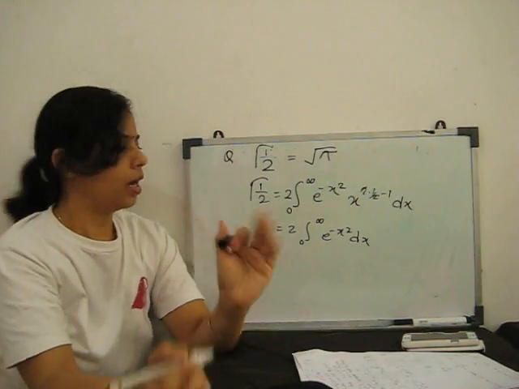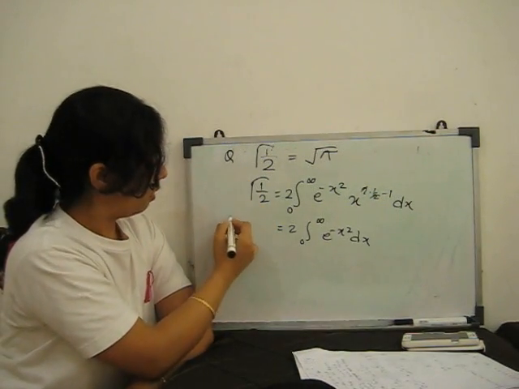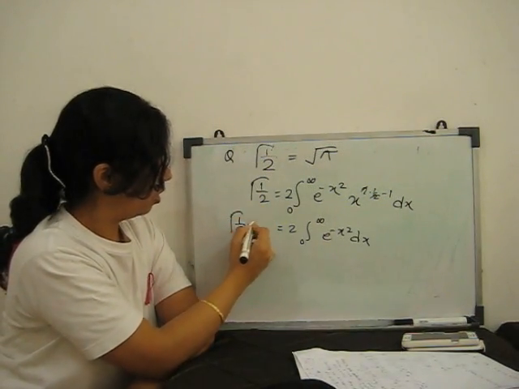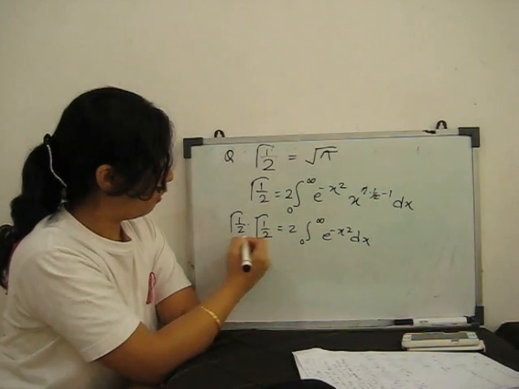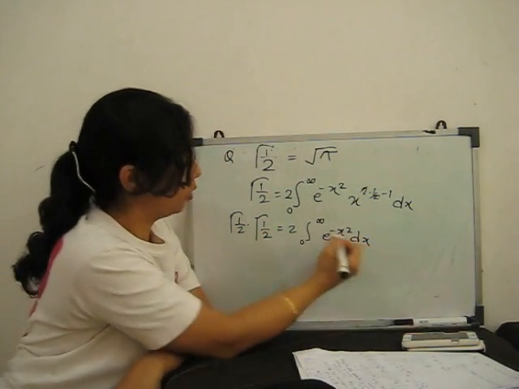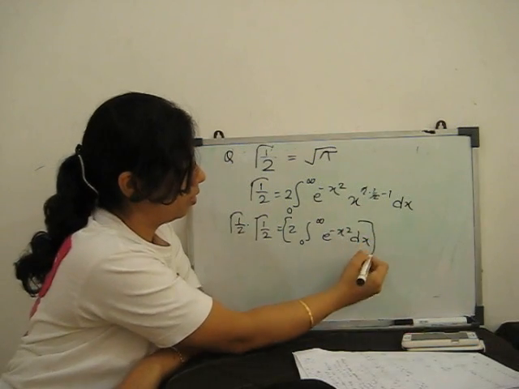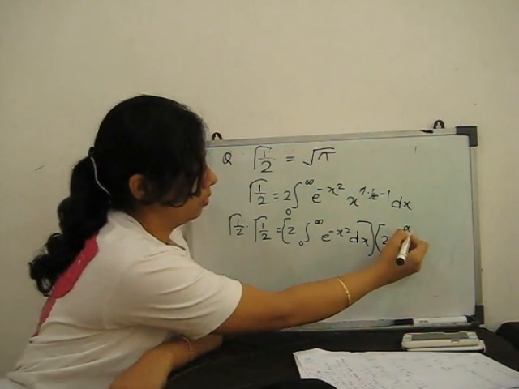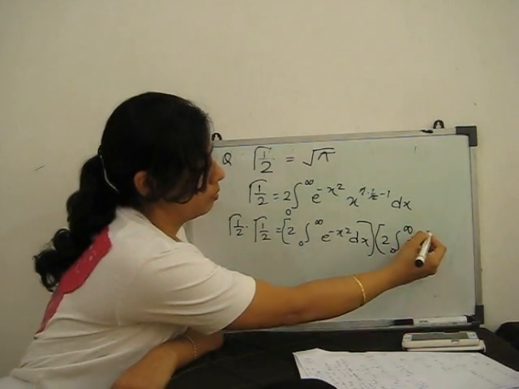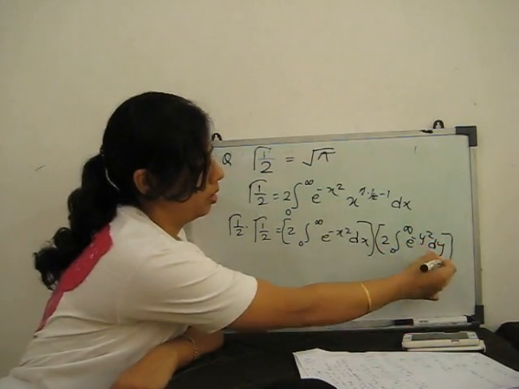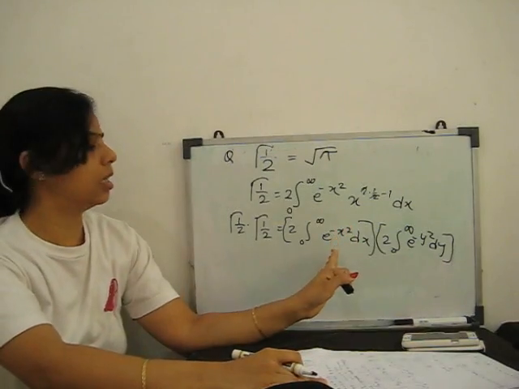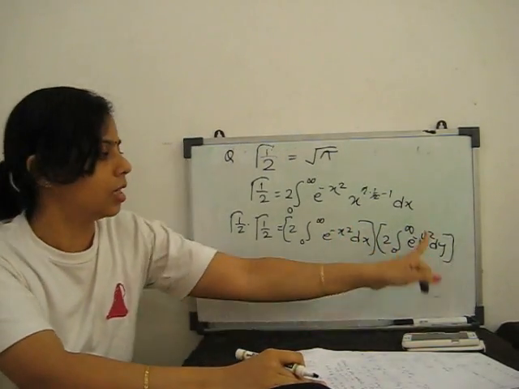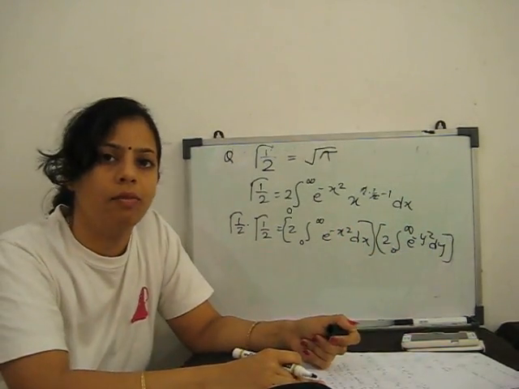Clear? Now if we multiply one more gamma here, so gamma 1 by 2 into gamma 1 by 2, again one time we have to write the same formula in another variable: 0 to infinity e to the power minus y square dy. Means same thing, in this case we took variable x, in this case we took variable y.